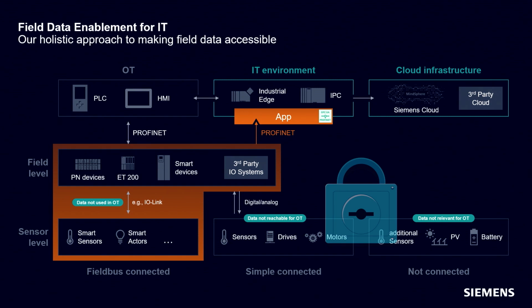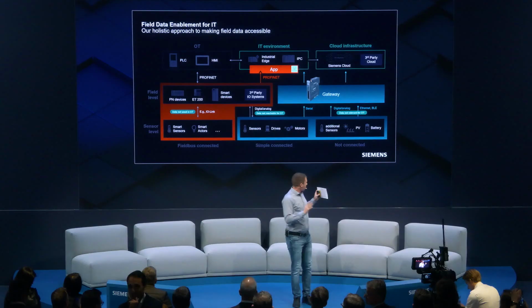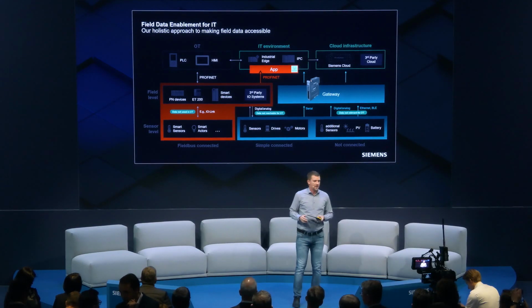On the second point, for everything that's not field bus connected, we see a gateway approach as the reasonable answer. Therefore, you need a gateway which has different physical interfaces, say serial ones, Ethernet-based ones, or also wireless, to get all that information which is lying over there.